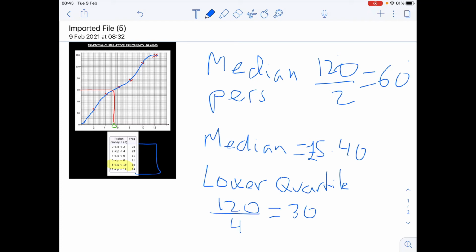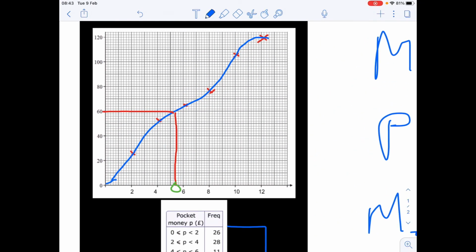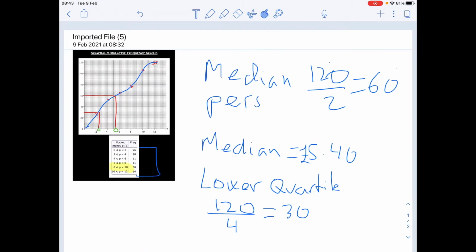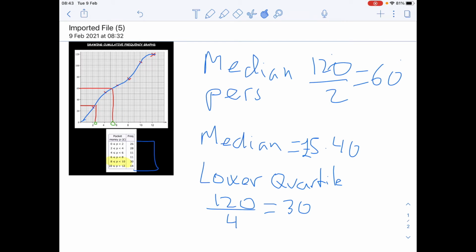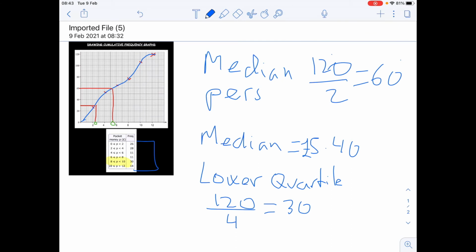For the lower quartile value, I'm going to do exactly the same thing. I'm going to go to my cumulative frequency graph, go to 30, across and down, and I get 2.40. So the lower quartile, let's call it LQ, is going to be £2 and 40 pence.